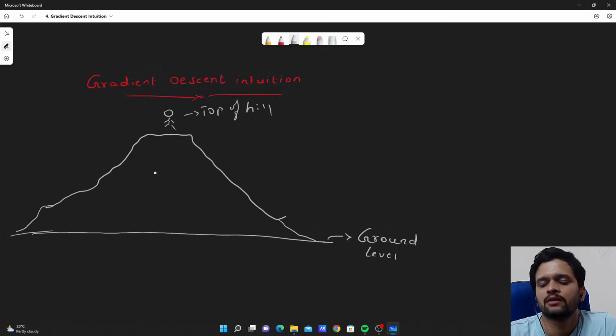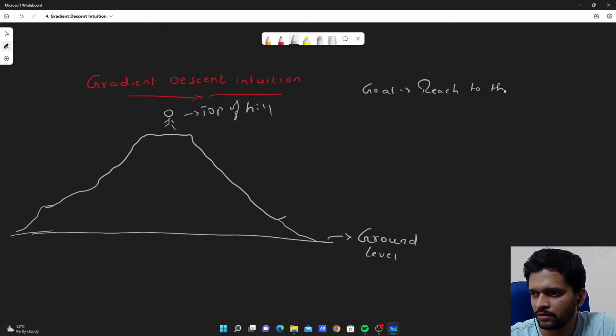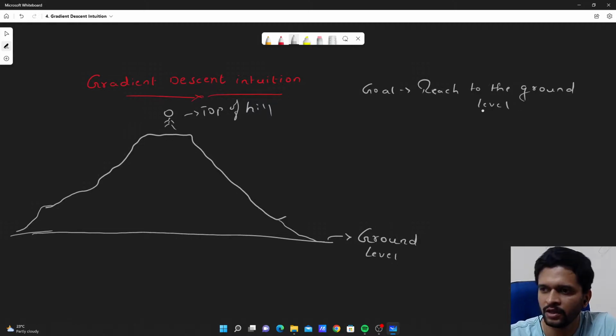Now you want to reach the ground level by moving in some direction. So our goal is to reach the ground level. Okay, starting position is top of the hill.